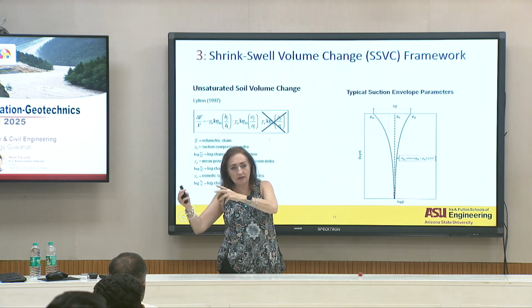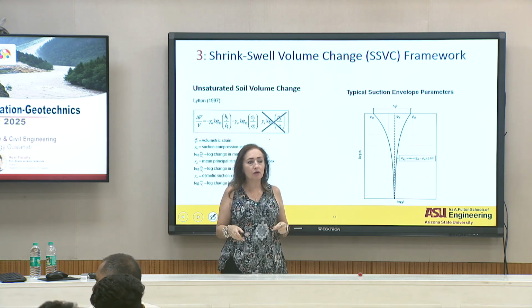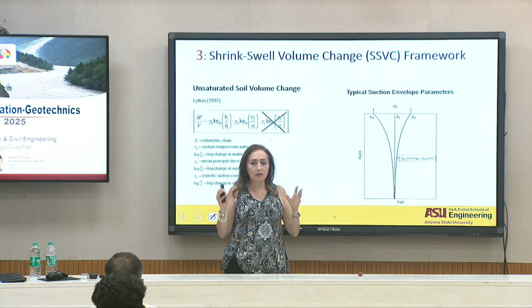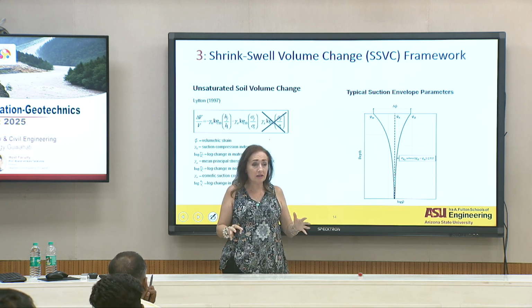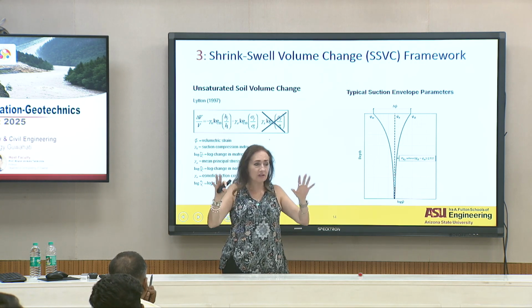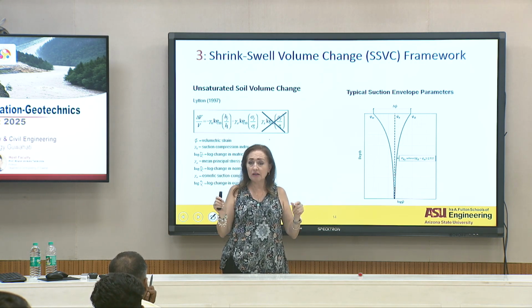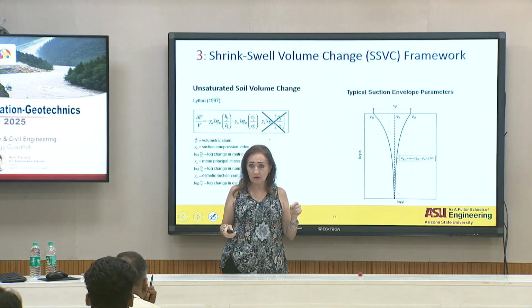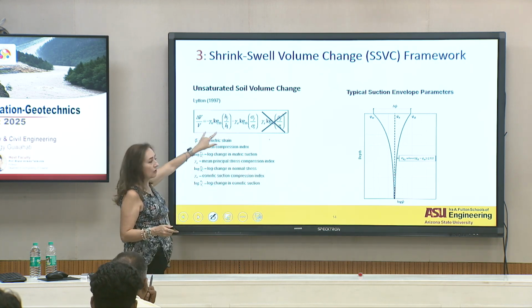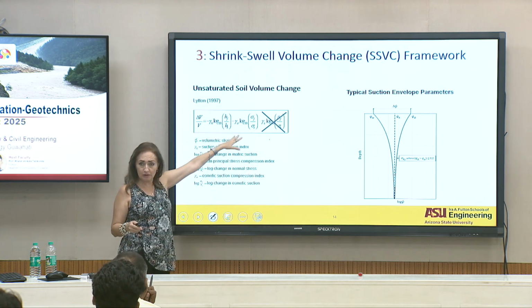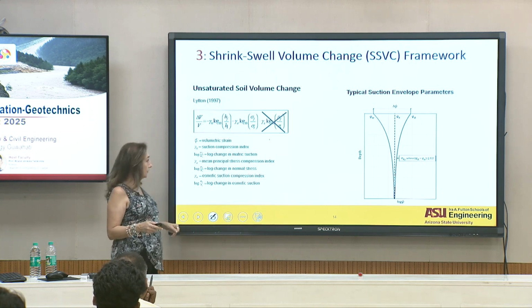For this particular reason, we consider that the soil chemistry, the water chemistry, is going to be kind of the same, and you don't have big osmotic or concentration gradients going on in there, right? So this one was eliminated from the model, so we're going to use the two stress state variables that we saw this morning, okay?